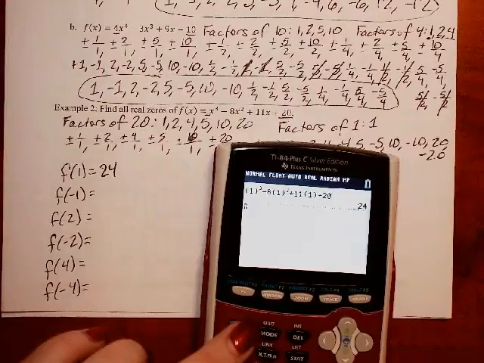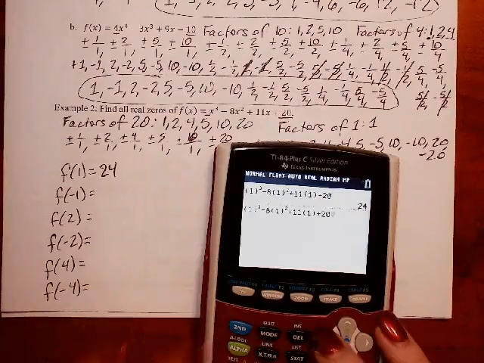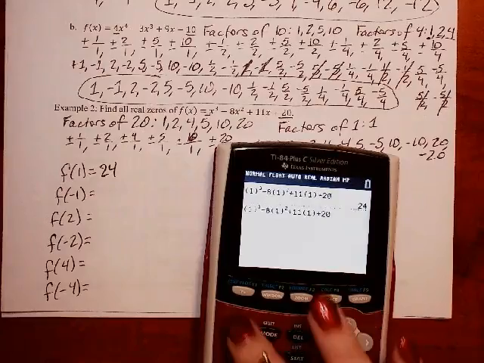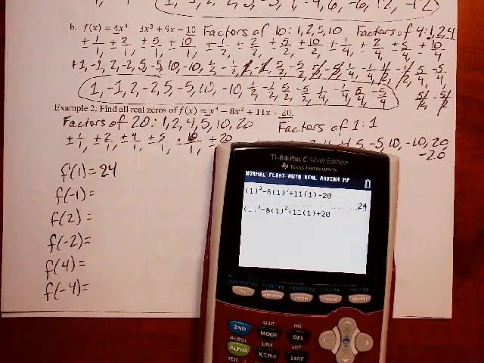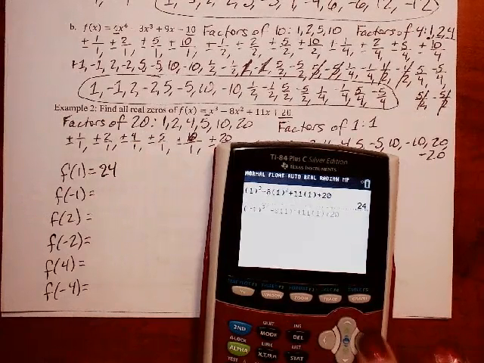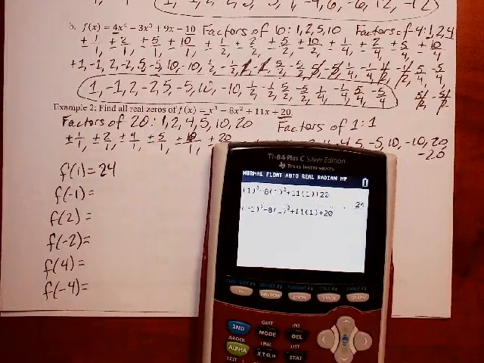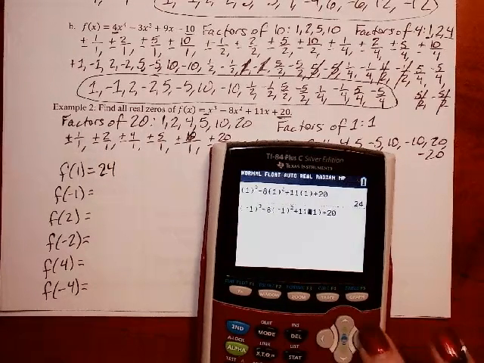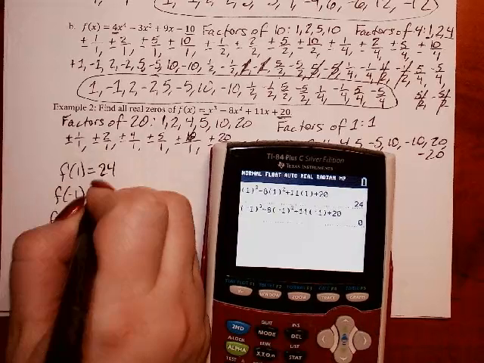Now I can hit second enter, and that'll put in the same equation I just entered. And then if I go back, I can hit second insert, or the delete button here, and then put in a negative. Then I go over, second insert, put in a negative, second insert, put in a negative, and I get 0 for that one.